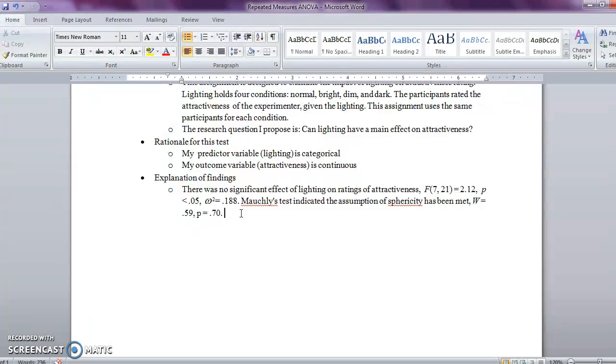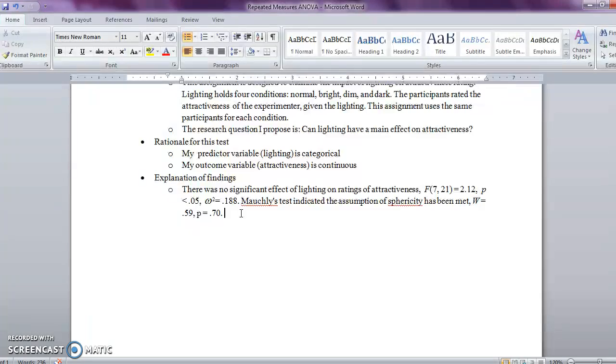Now, really quickly, I do want to talk about the assumption of independence, because I did talk about that before. Backing up, we have met the assumption of normality, but as far as independence goes, there is a potential flaw that I see for this specific design.